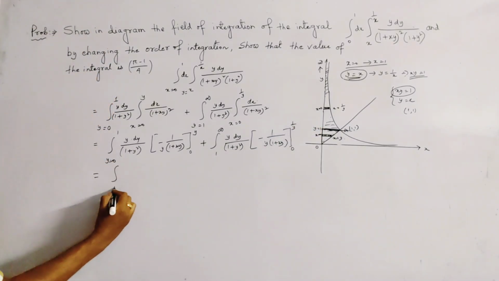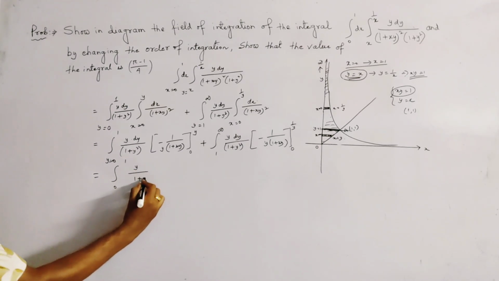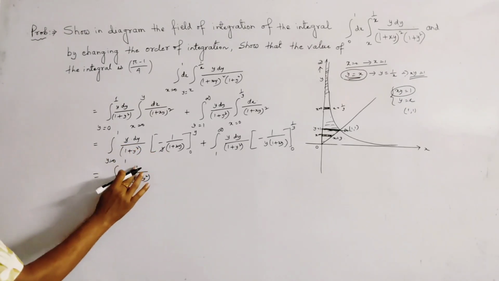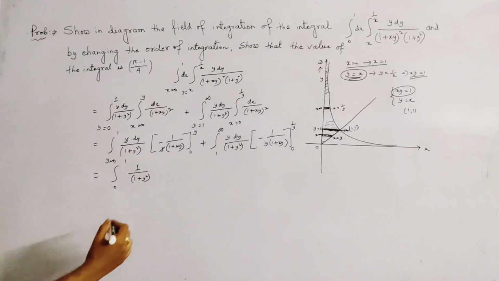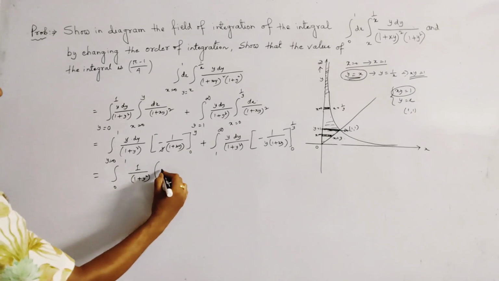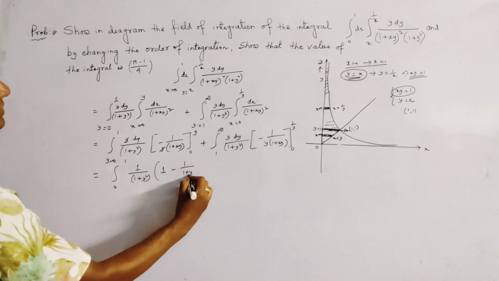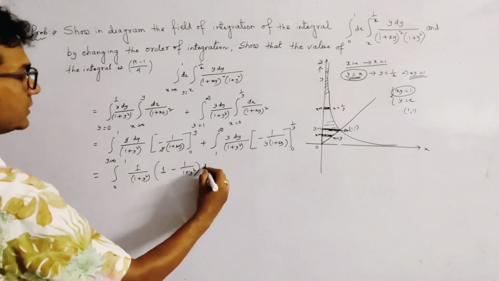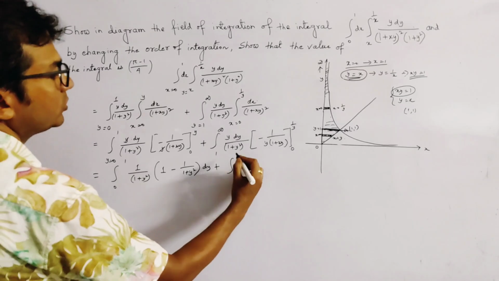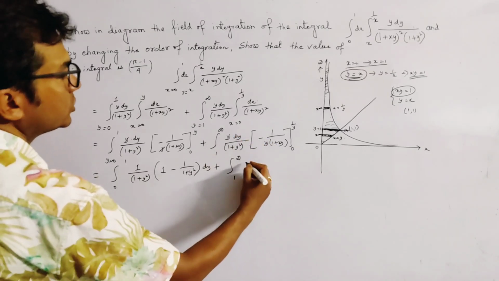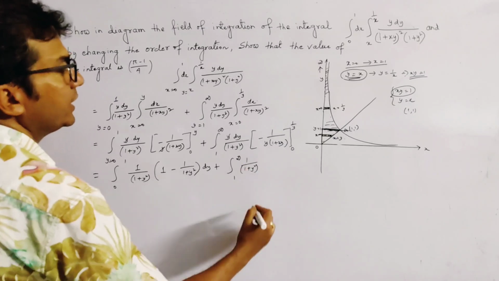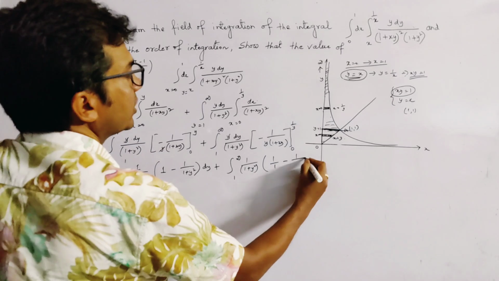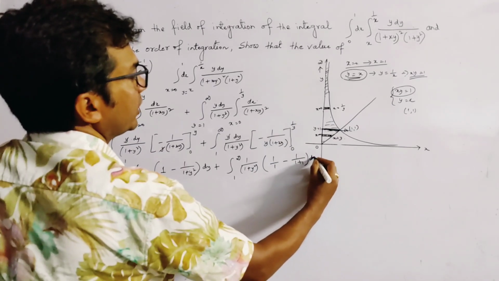And by putting the range we get y by 1 plus y square into, we cancel out y, and we get 1 minus 1 by 1 plus y square. We put first 0 because there is a minus, and dy, plus integration 1 to infinity, also y cancels out, so we get 1 by 1 minus 1 by 1 plus 1 dy.